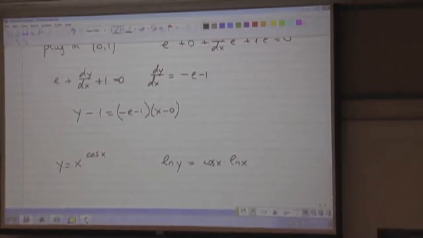And now you just do implicit differentiation on both sides. If you have a function raised to another function, the only way you can do this is actually applying ln to both sides. There's no other way you can actually attack the derivative.